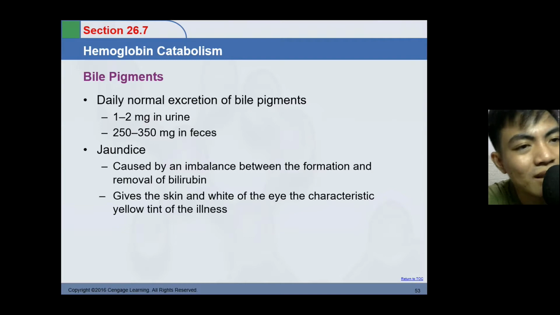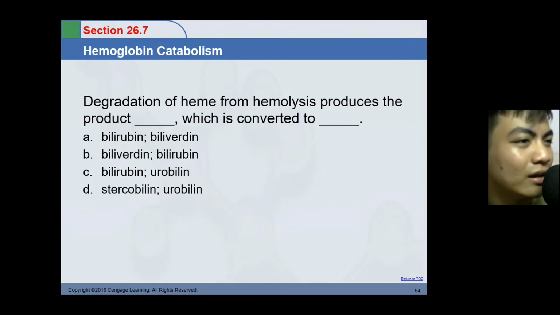Okay? So let's have this question. The degradation of heme from hemolysis produces the blank product, which is converted to blank. Okay? Remember, from heme, it becomes biliverdin, and then eventually bilirubin. Okay?